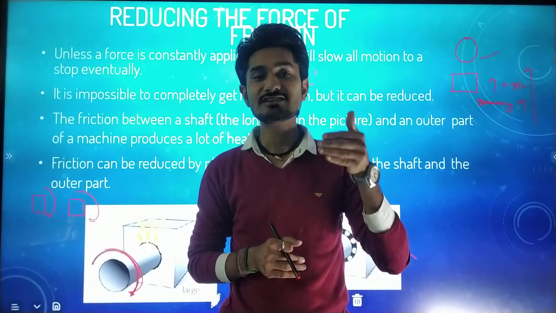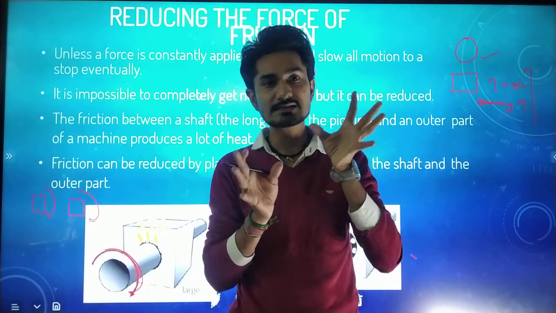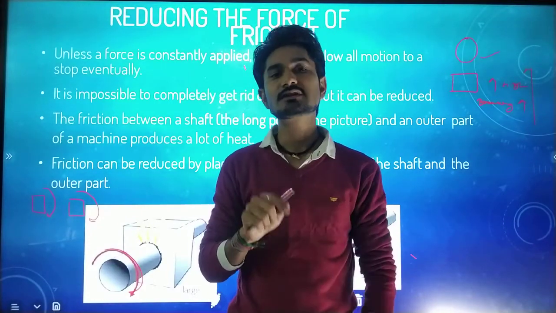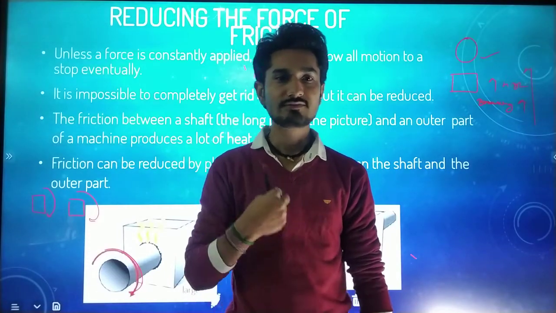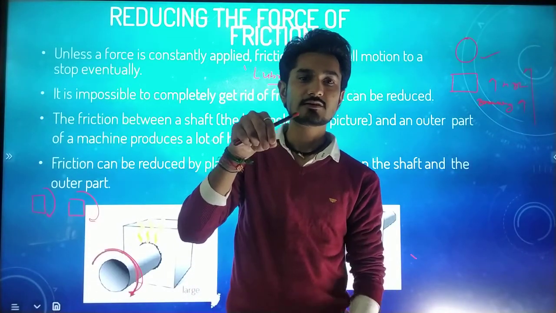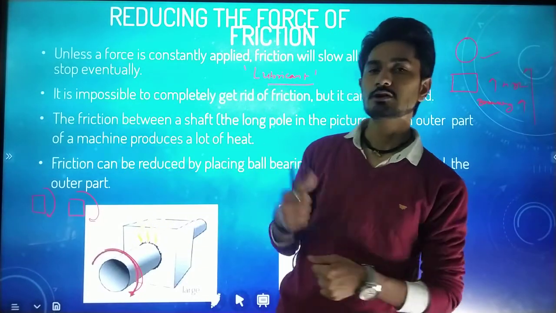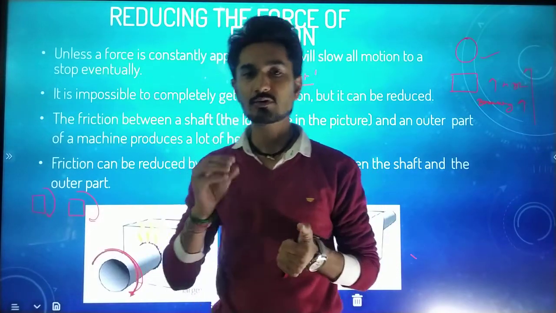The thing we put between two surfaces that come in contact with each other, the type of substance or particle we put to lessen the friction, is called a lubricant.